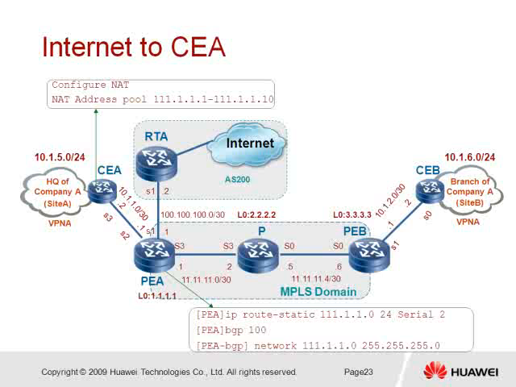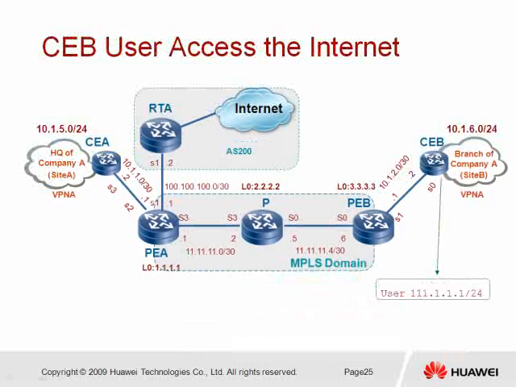After the configurations, the user of CEA, whose address is 10.1.5.1, can access other sites of the VPN as well as the Internet. Now we will discuss how the user of CEB accesses the Internet.